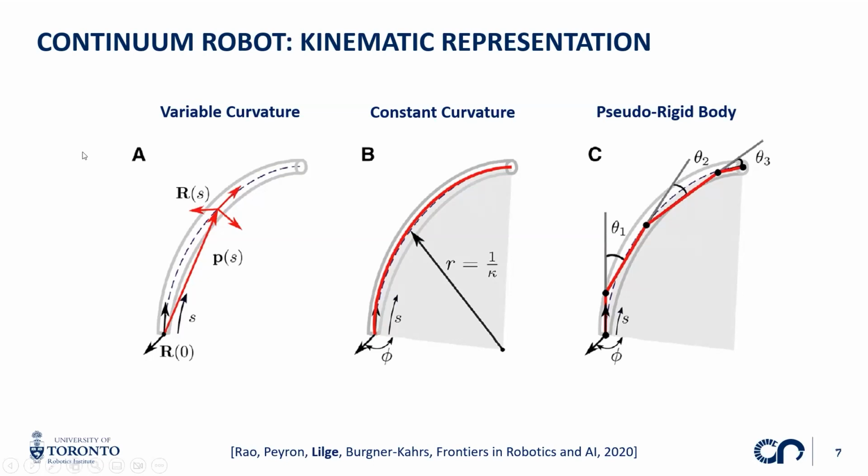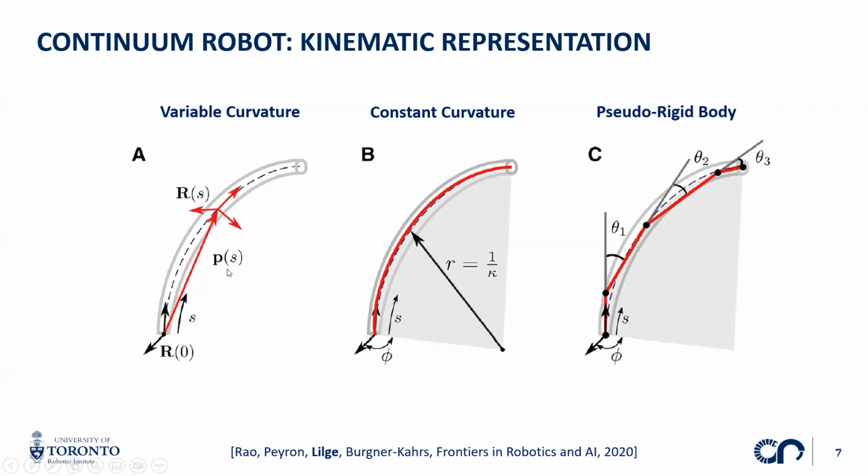The left one here is probably the most general kinematic representation that you can have for a continuum robot, and it's called the variable curvature representation. The idea is that I describe the center line of my robot along its length. So I parameterize the center line of a continuum robot along the arc length S, going from 0 length to the whole length L. And then for every point along the center line, I can assign an orientation and position.